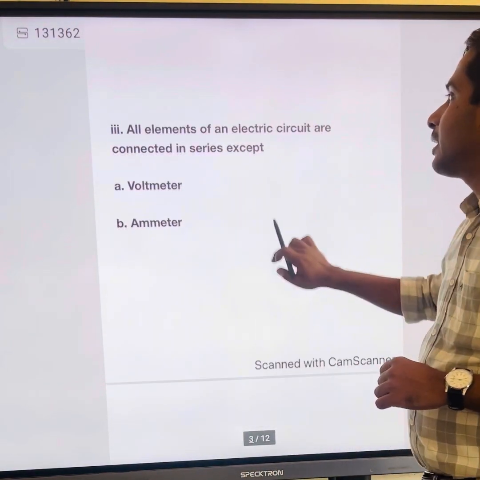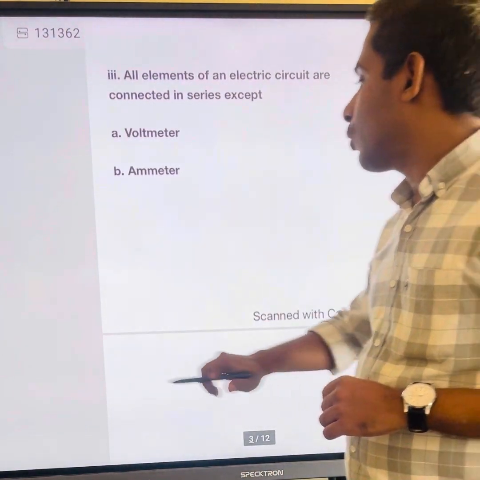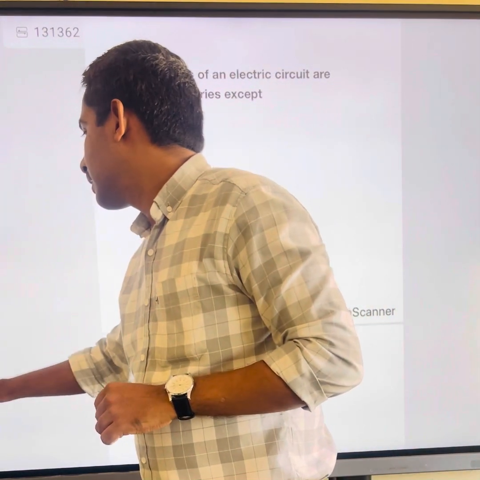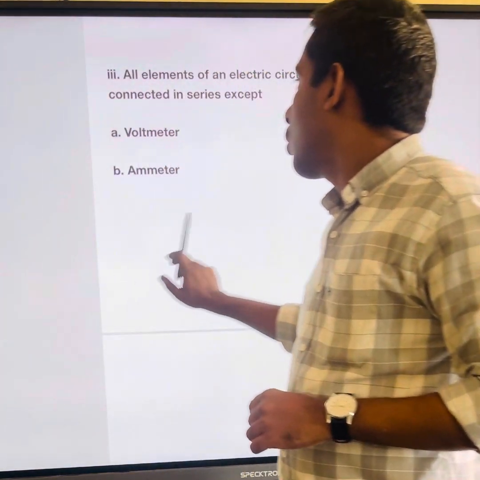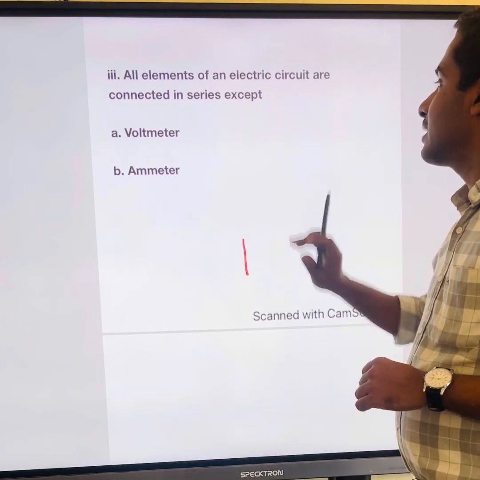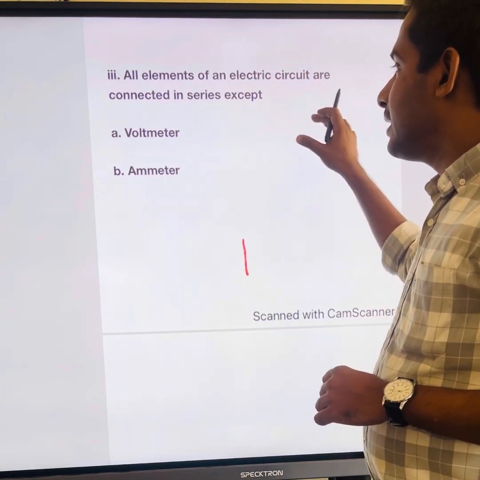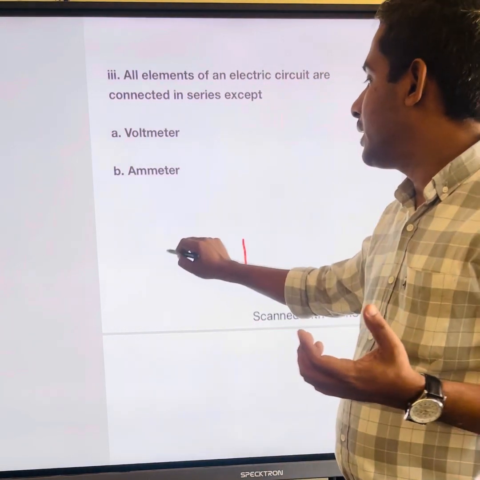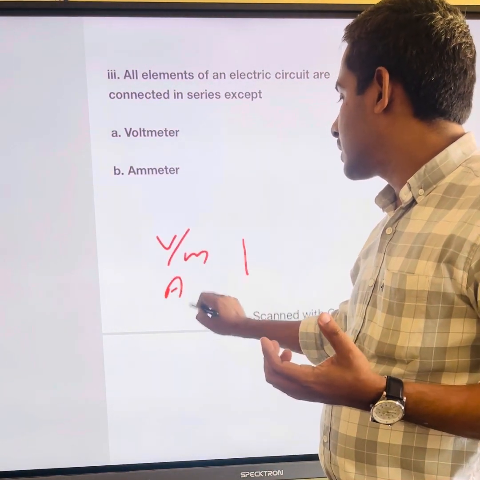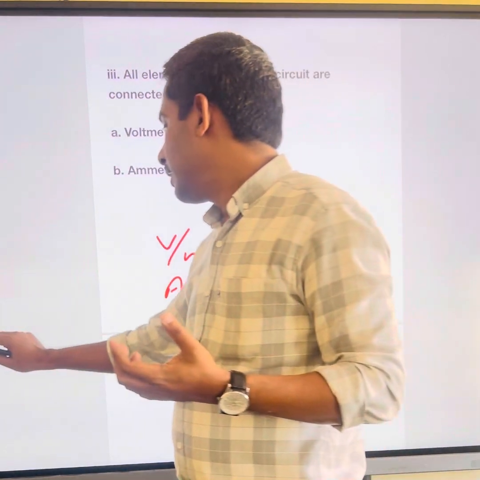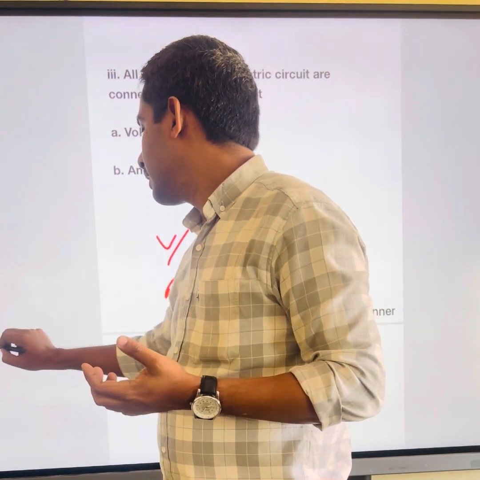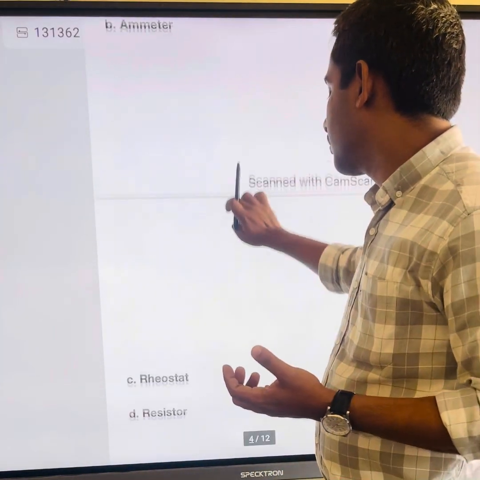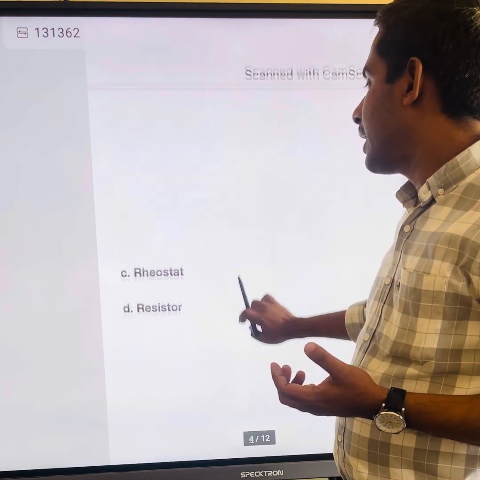Question number 3. All elements of an electric circuit are connected in series except, we have options voltmeter, ammeter, then we have two more options there, rheostat and resistor.